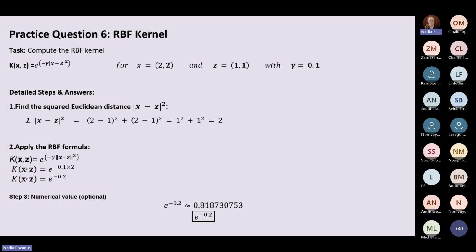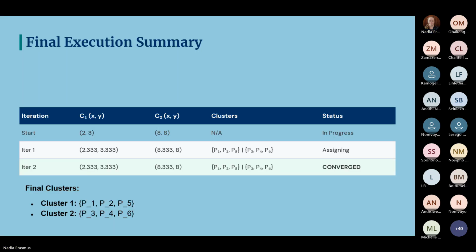So we have the exponential value to the power of minus 0.2, and then we can rewrite it. It is approximately 0.818 or 0.819. So this is your numerical value. This is how you are going to calculate it. That's your kernel.